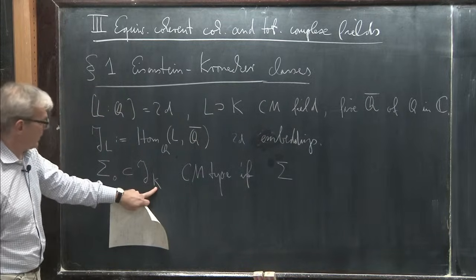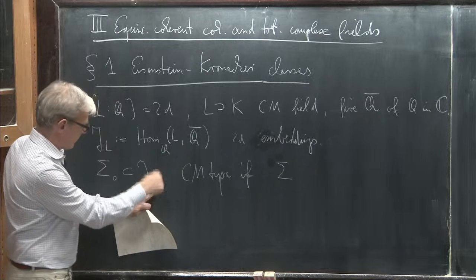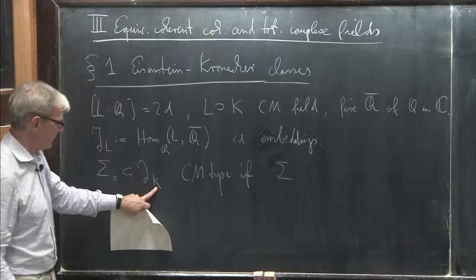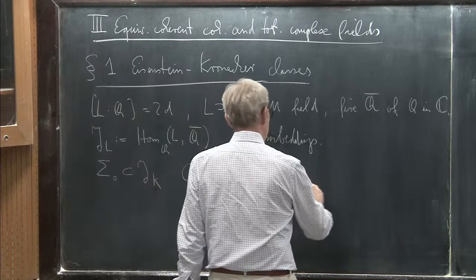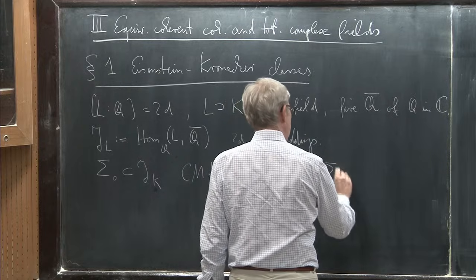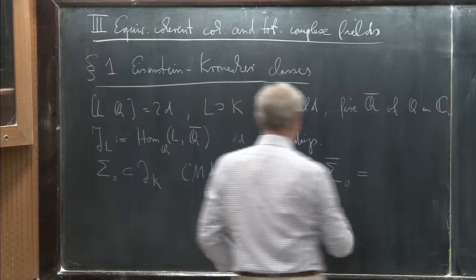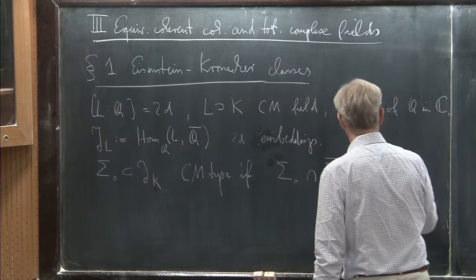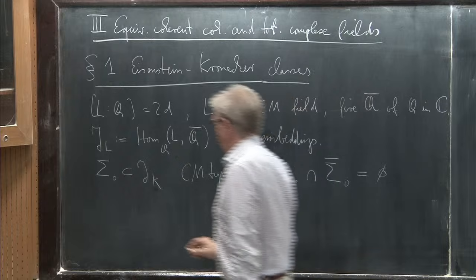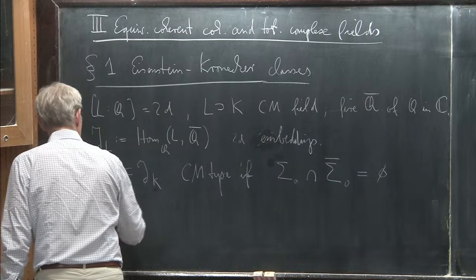This field has a unique complex conjugation because it's a quadratic extension of the totally real field. If I apply this complex conjugation to these embeddings, then they should be different from the ones I have chosen. So the intersection should be the empty set.